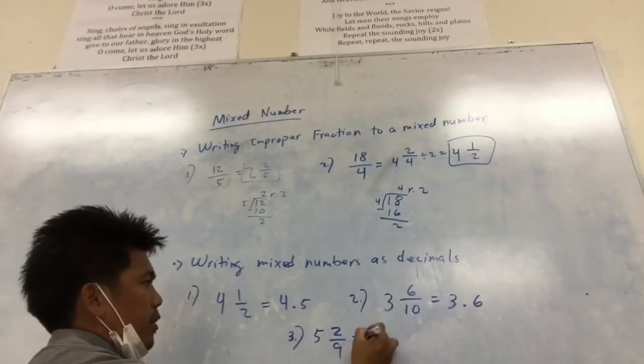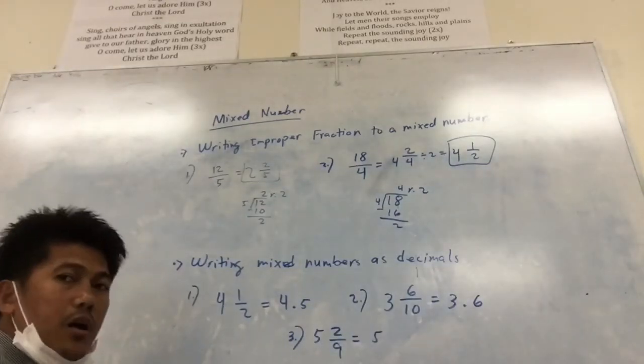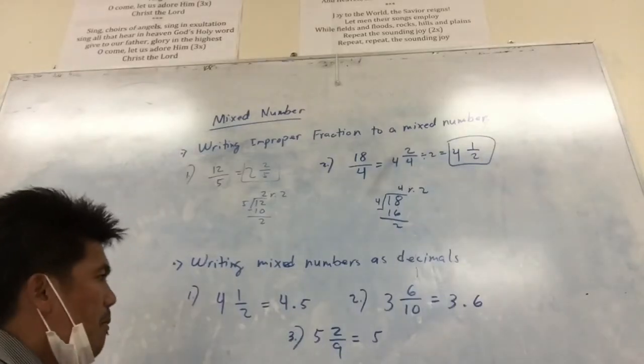So what will you do? You just write 5 immediately so that you will not get distracted by that number.